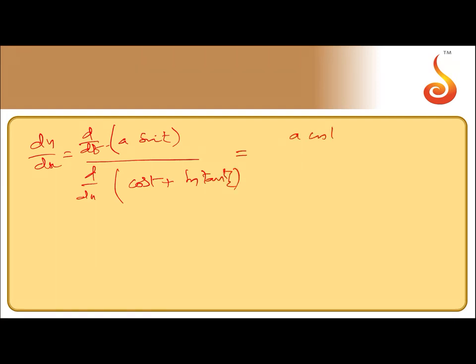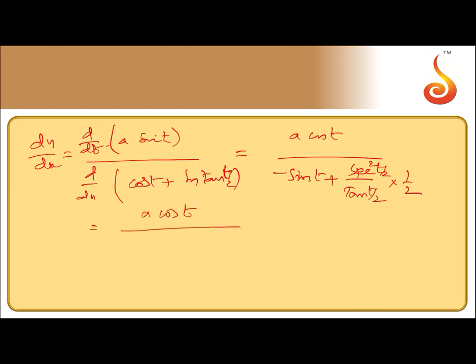So the derivative of this one is equal to a cos t divided by minus sin t plus the derivative of logarithm of tan t by 2, which is 1 divided by tan t by 2 multiplied by secant square t by 2 multiplied by 1 by 2. Simplifying this, a cos t divided by, of course the denominator a will be there, I forgot to write.